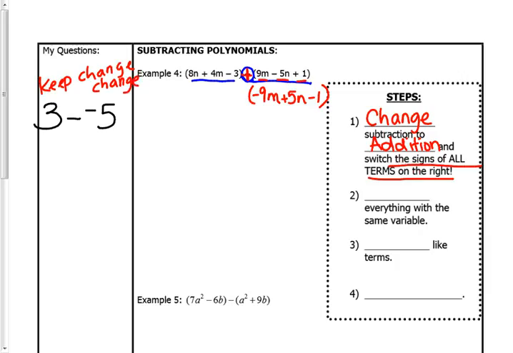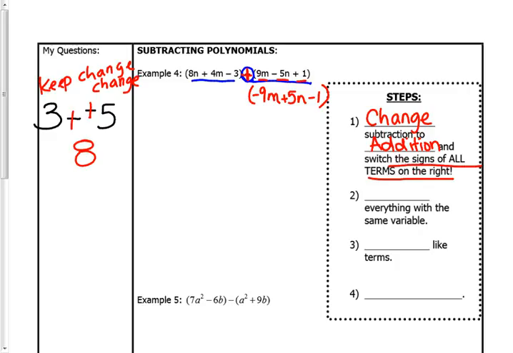So we would keep the first term the way it is, change subtraction to addition, and change the negative to a positive. And that would give you an 8, right? So that kind of goes along with what we're doing here. This is just with variables and more than one term now, but the process is still the same. You would change subtraction to addition and then change the signs on the right.